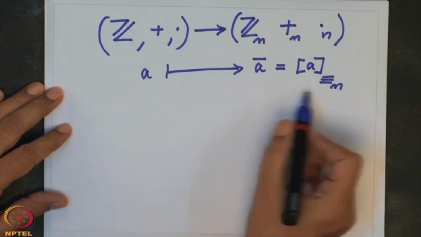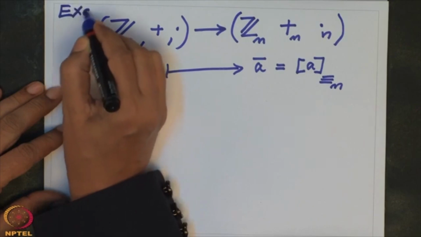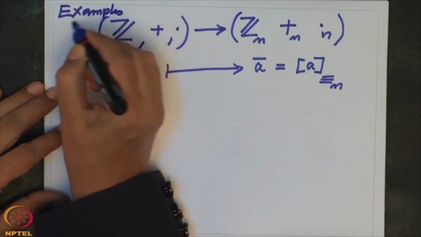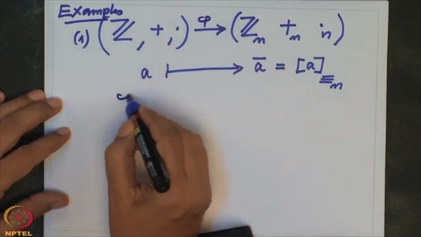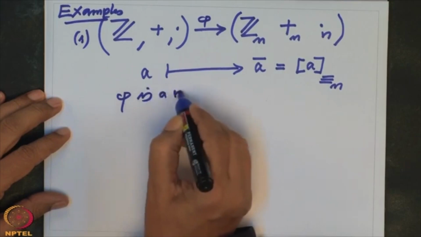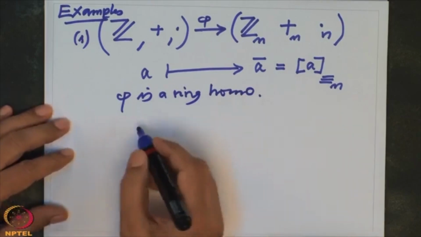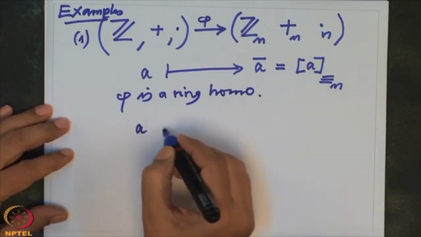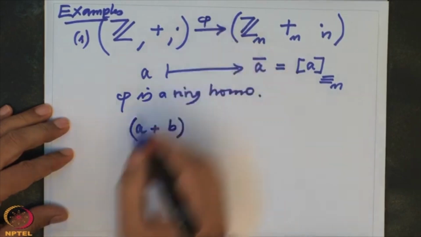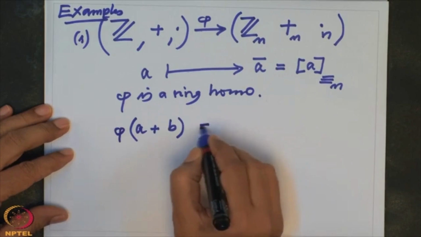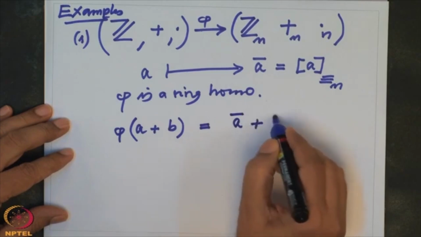One should check that this map phi is a ring homomorphism. So what do you have to check? I have to check that if I take two integers a and b and add them usually and take the image under phi, this is a bar plus b bar.